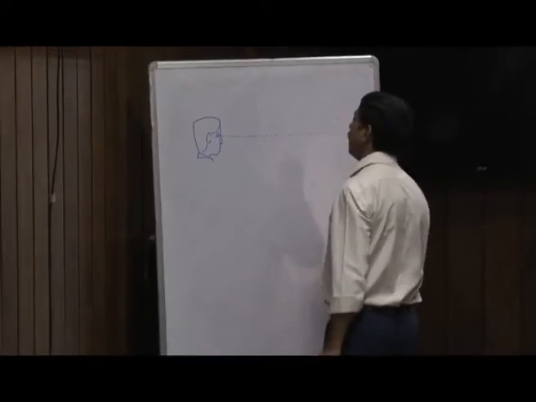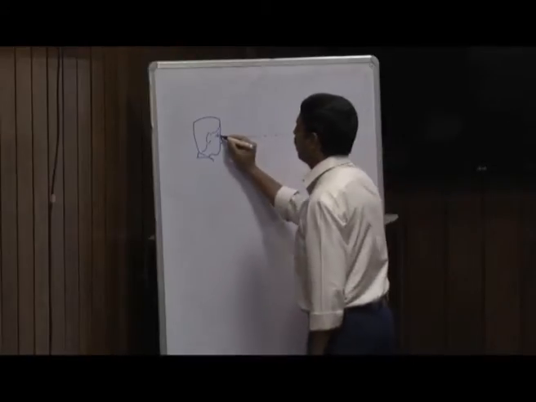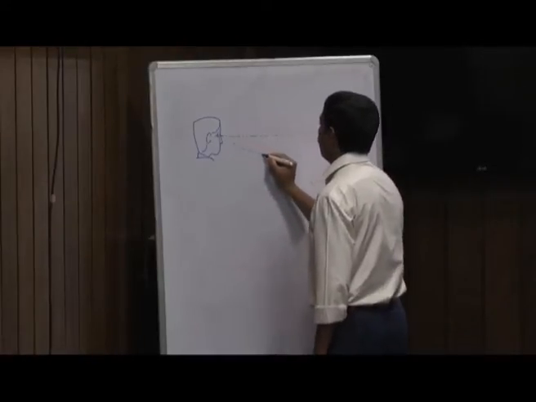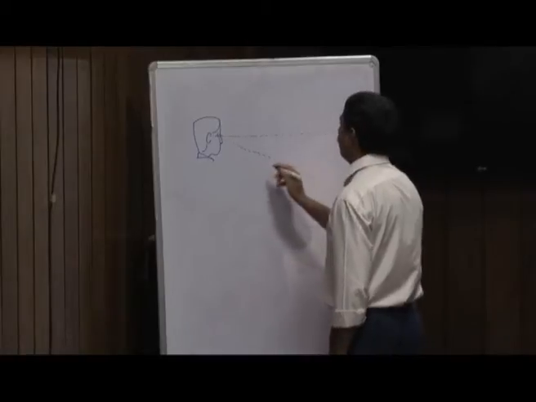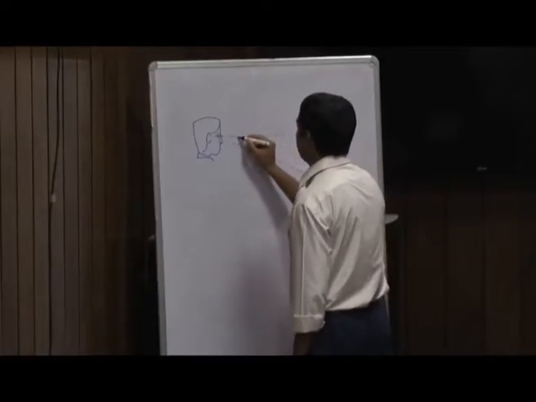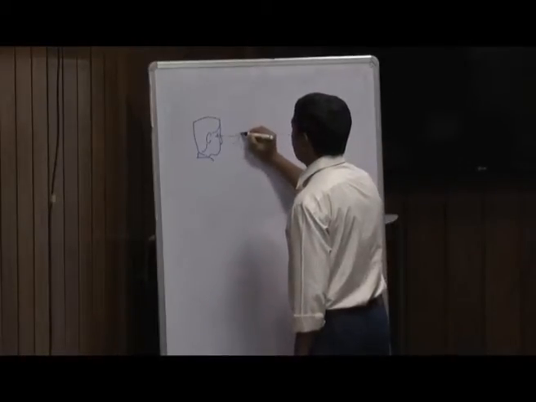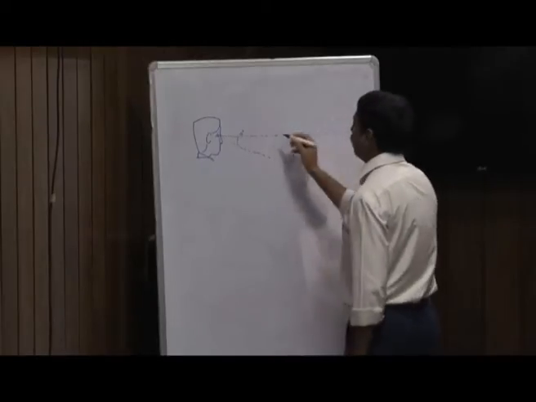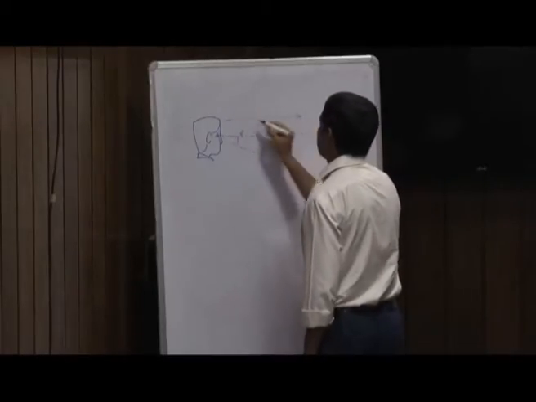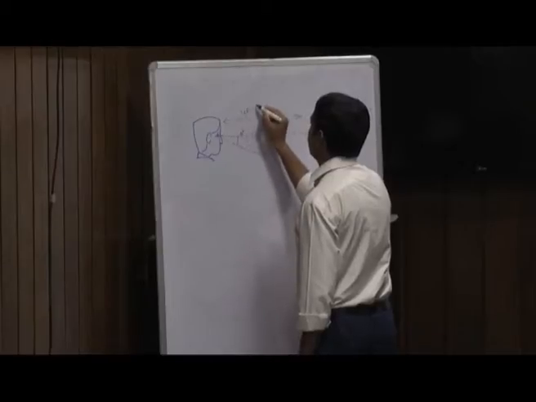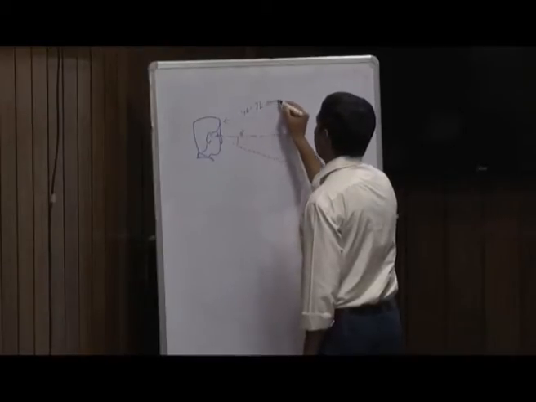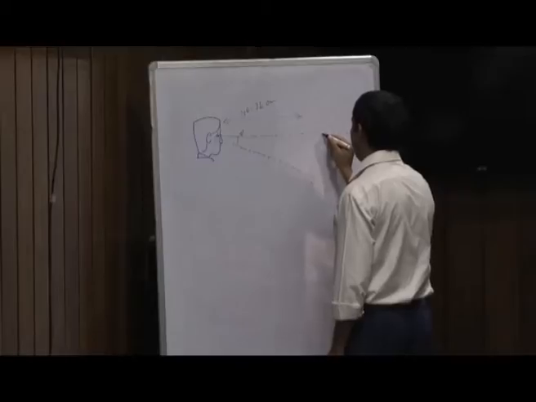If this is the horizontal line of sight, below that, assume this is a 15 degree angle. The distance should be 46 to 76 centimeters, and the display should be positioned this way.